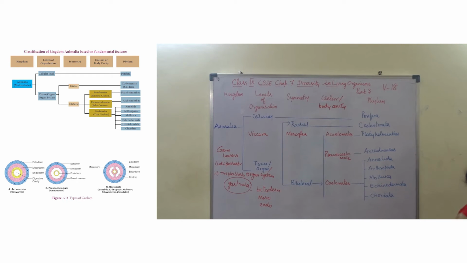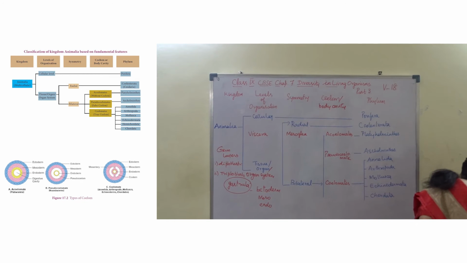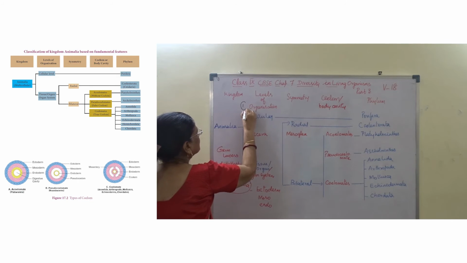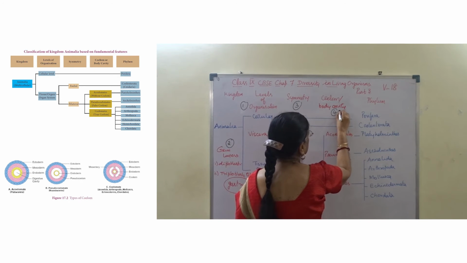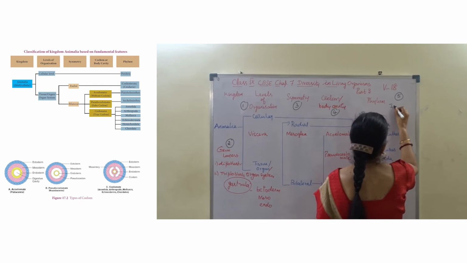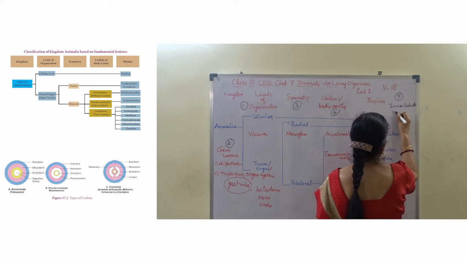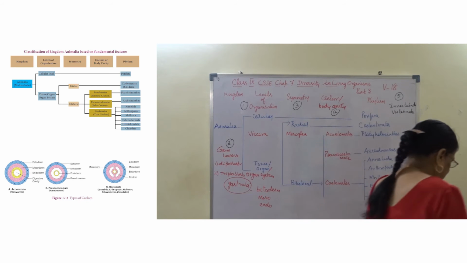And then based on the presence of vertebral column, in the classification, first level of organization, second germ layer, third symmetry, fourth body cavity, fifth presence of backbone. Based on the presence of backbone, they are invertebrate and vertebrate animals.